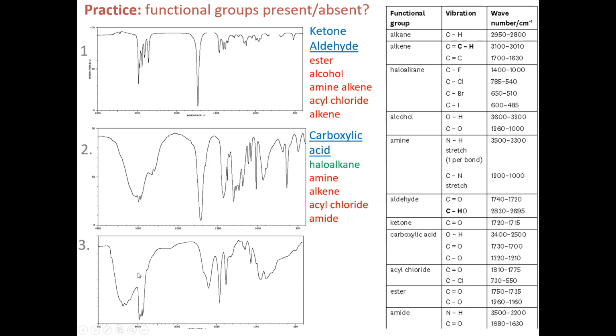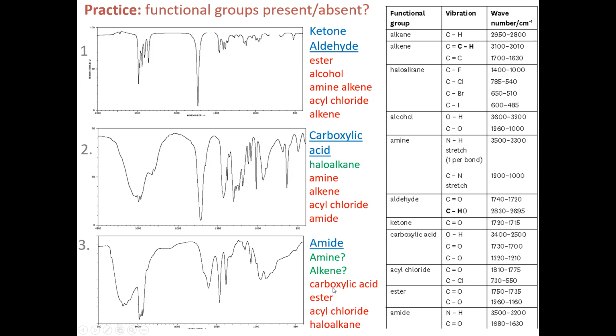So number 3, pause, see if you can work it out. Well, here's the answer. It's an amide. You can see it's not very clear, but there are 2 little peaks over there for the asymmetric and symmetric stretch. And this finger-like peak, it's not as strong as normal, but it's between 1600 and 1700, so it's below 1700. So that would be an amide.